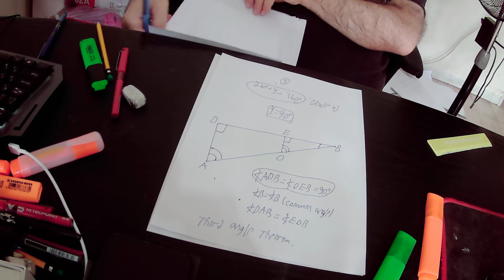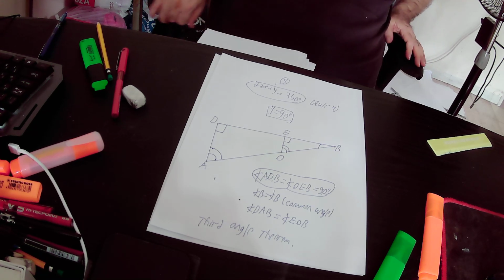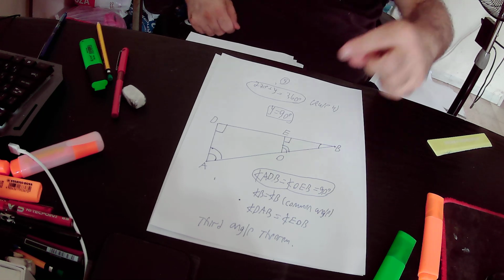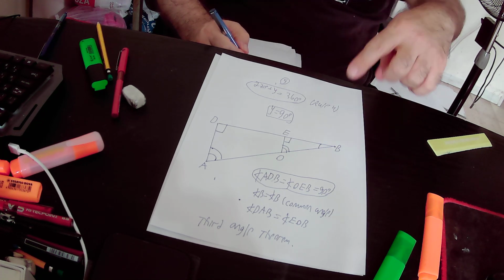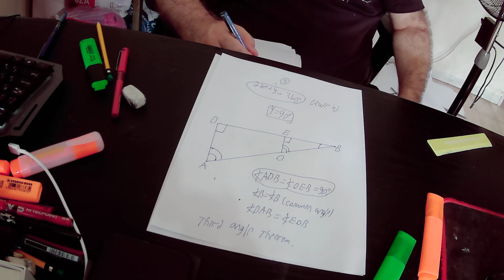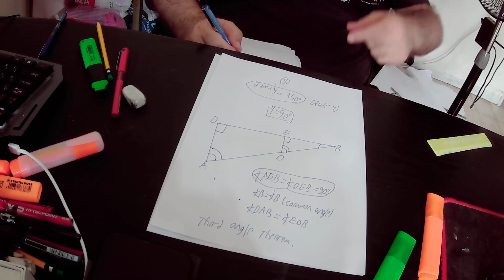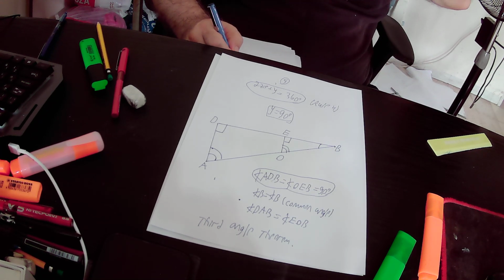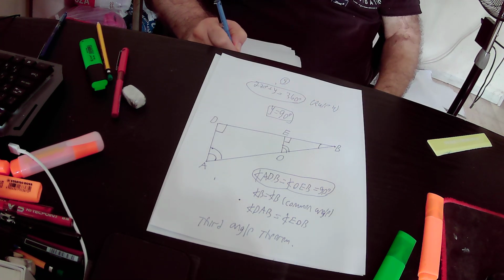The relationship is OB, the side of the small triangle, over AB, actually the hypotenuse of the big triangle, equals OE, the side of the small triangle, over AD, the side of the big triangle.